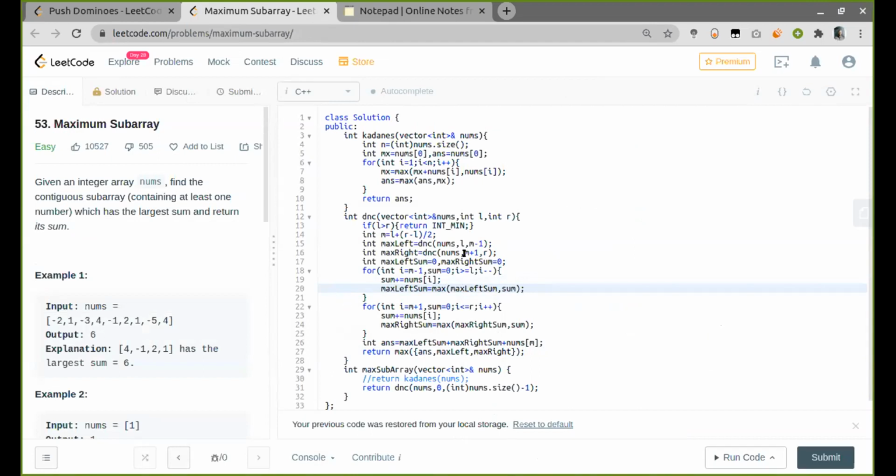Since this part, again the recursive call is done for half the size of the array, this part will be big O of n, and again the recursive calls will be around log of n, so n log n will be the time complexity.